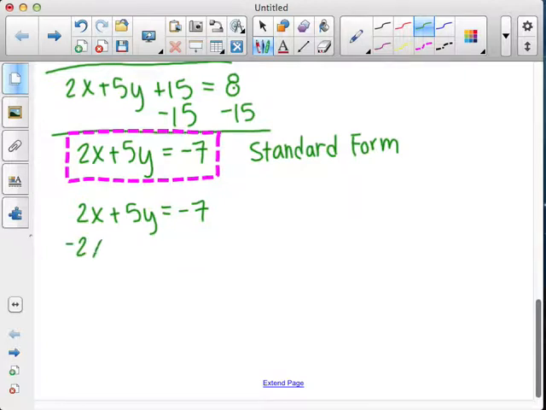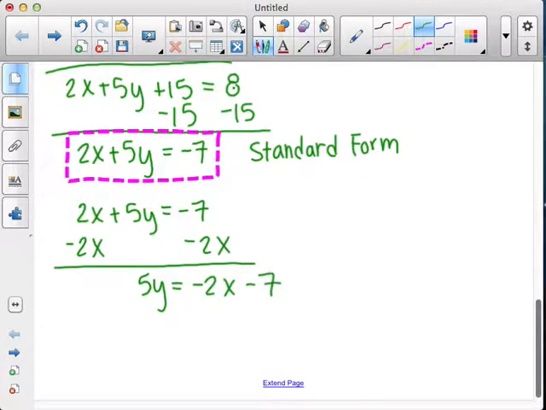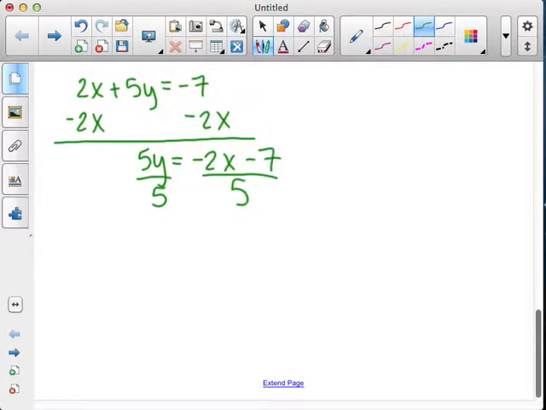So I'm going to subtract 2x, and we get 5y equals negative 2x minus 7. Divide by 5. Make sure you're dividing everything by 5. So I get y equals negative 2 over 5x minus 7 over 5.